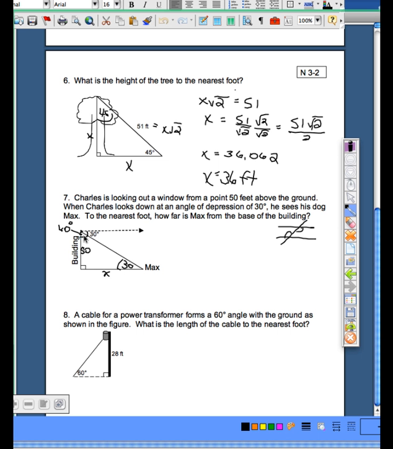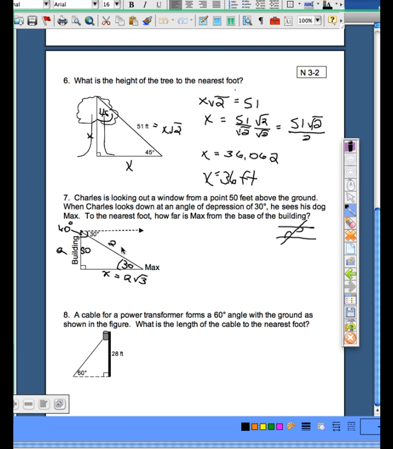All right, so we've got a 30-60-90 triangle. We know the side across from the 30, and we know that's 50. So in terms of our labeling, this is A times the square root of 3, and this is 2A.